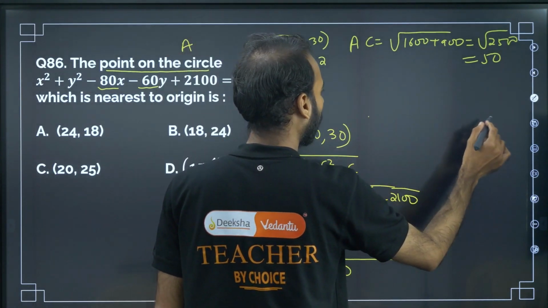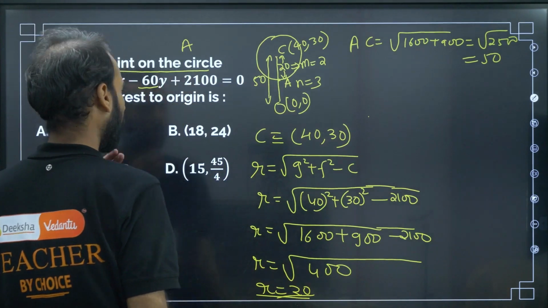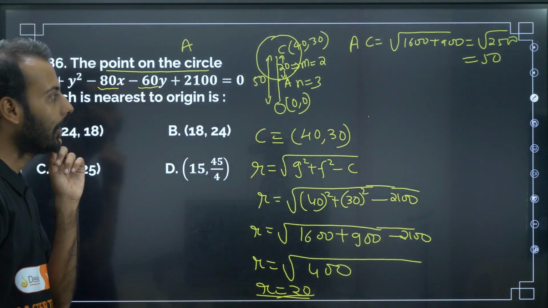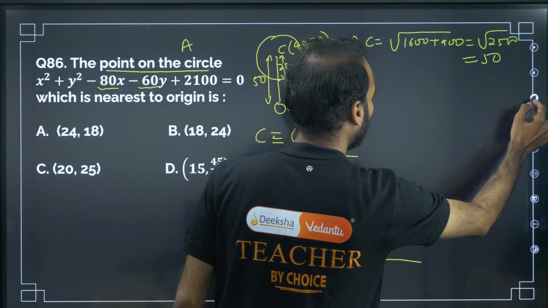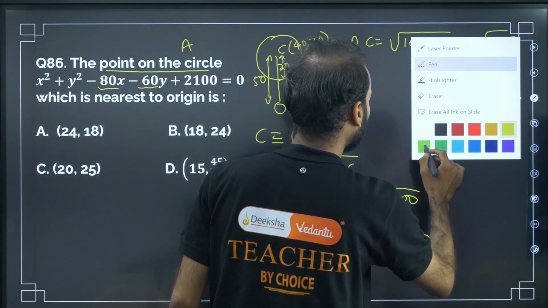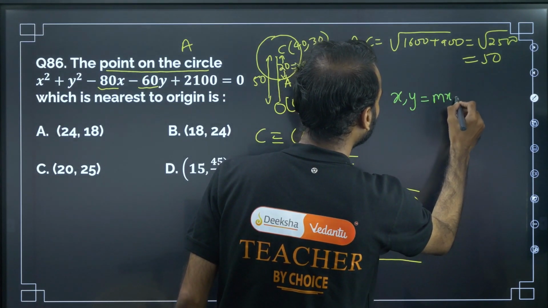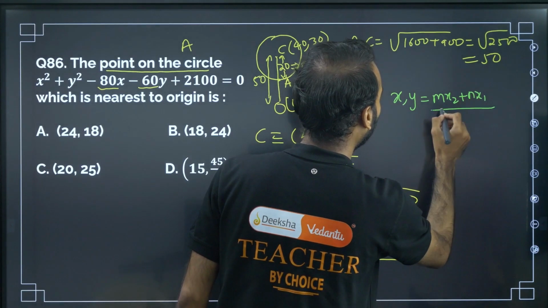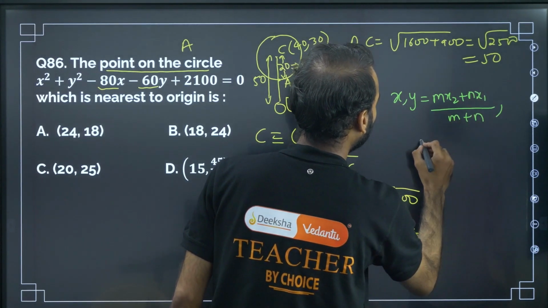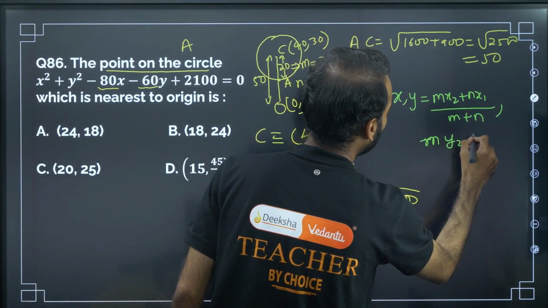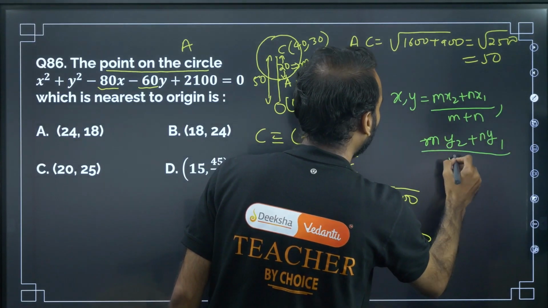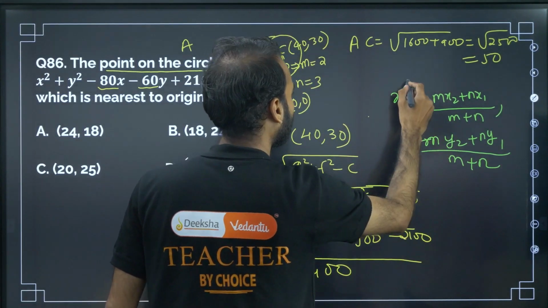So using section formula, synopsis I will write here. Section formula: x comma y is equal to mx2 plus nx1 by m plus n, my2 plus ny1 by m plus n. This is the section formula.